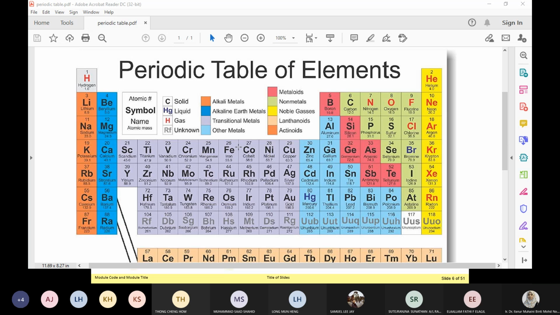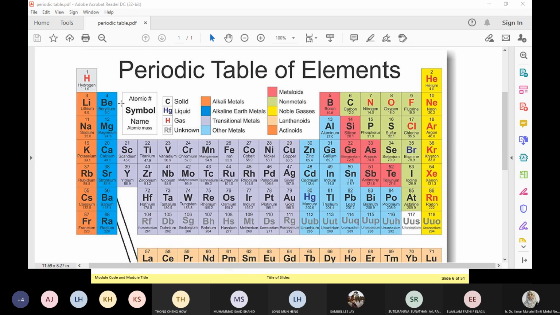Okay, silver is Ag, the symbol. Argentum, also Ag, equal to 107.9 minus with 47, equal how much? 60.9. Never mind, can use calculator also. Okay, so you know how to calculate neutron.